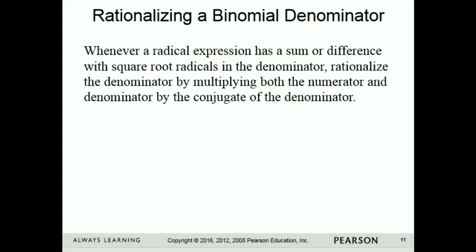So here it describes the process. So now that we've identified that conjugate, we're going to use that conjugate to multiply both the numerator and the denominator by the conjugate of the denominator.